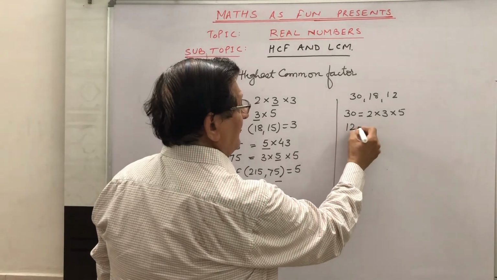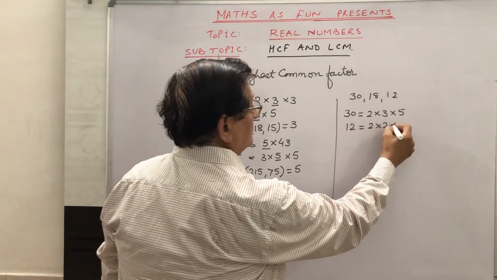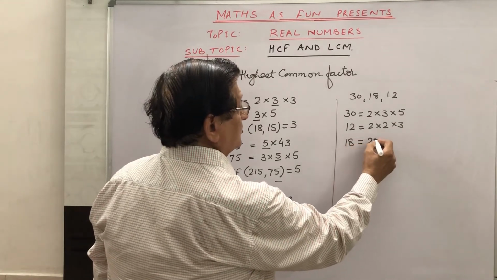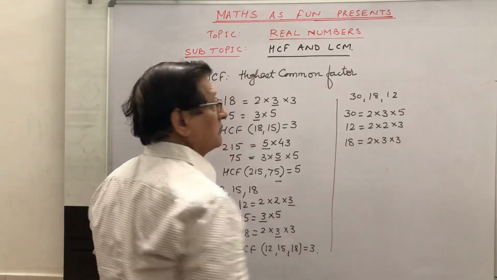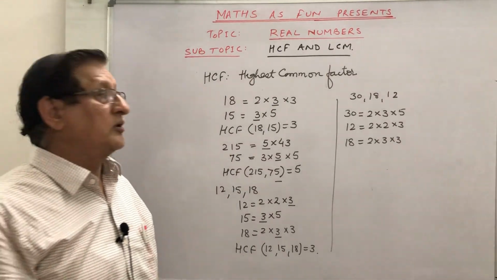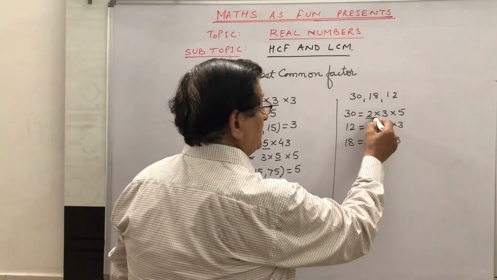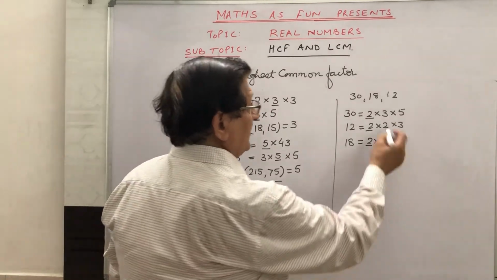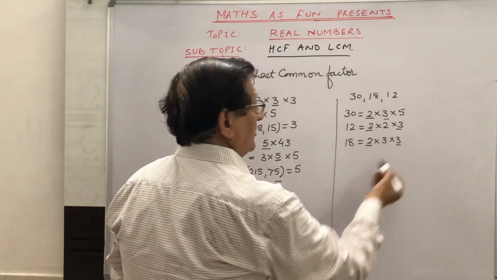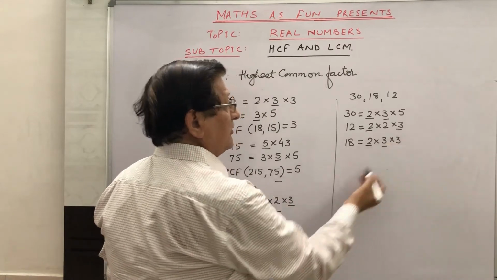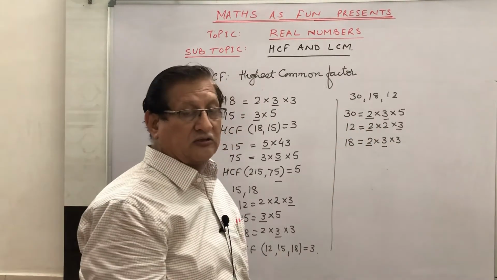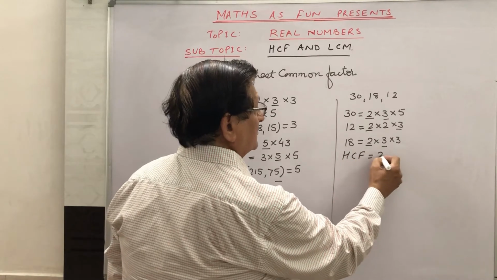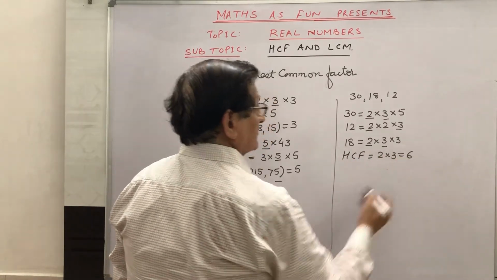When we go for 12, this is 2 into 2 into 3. And when we go for 18, 18 is 2 into 3 into 3, that you know. In this particular one, you are finding first 2 is a common factor in all the three. And then also we have 3 is the common factor in all. It means we are having 2 and 3, two factors. The product of them will be the HCF of all, that is 2 into 3, that is 6.